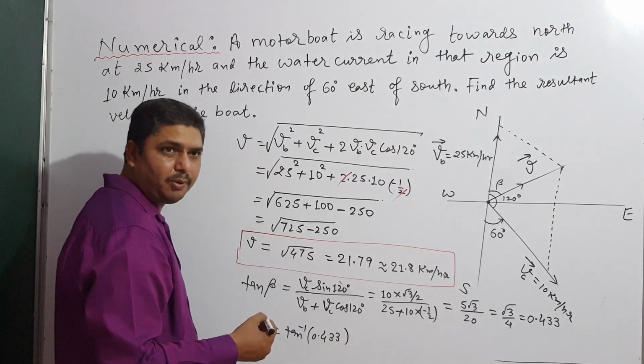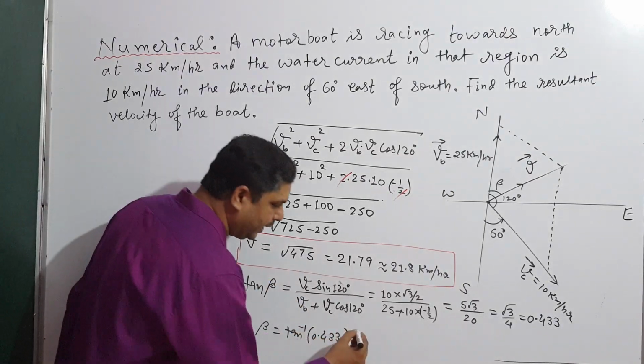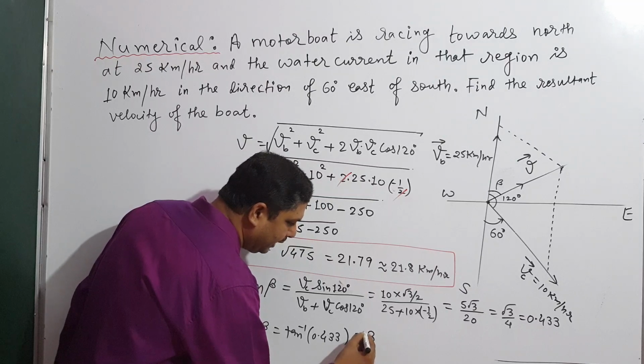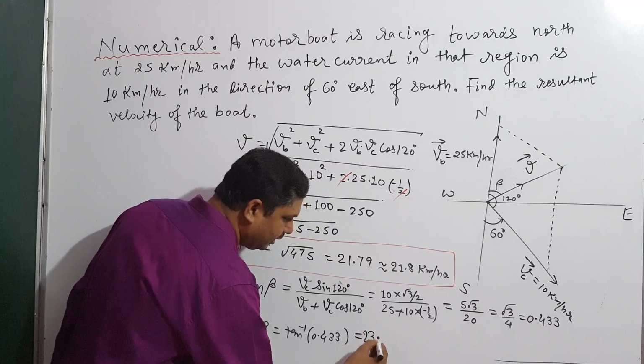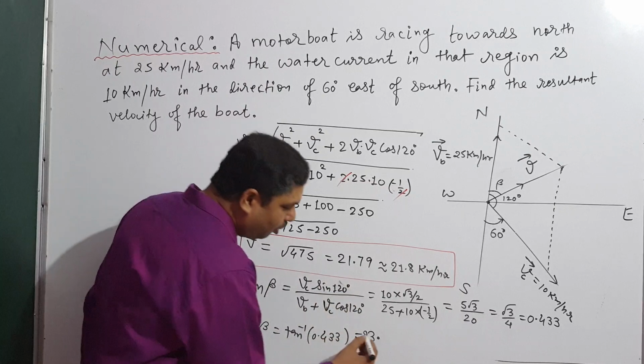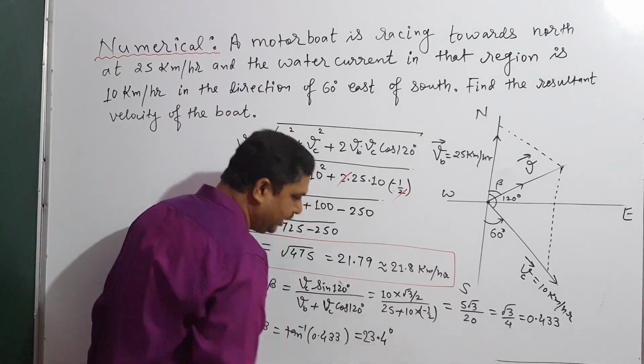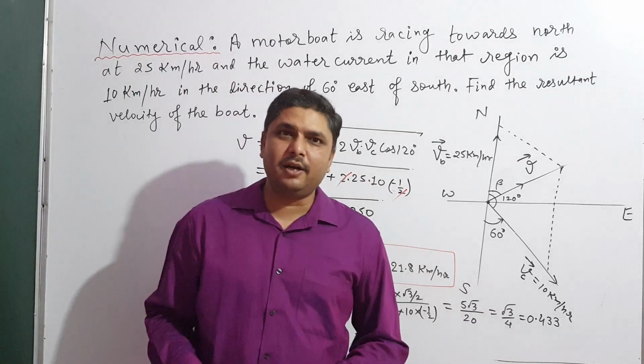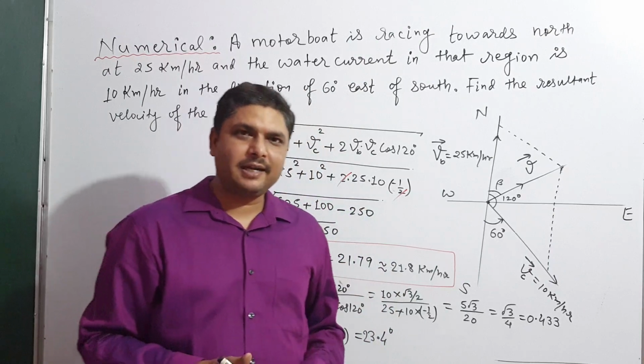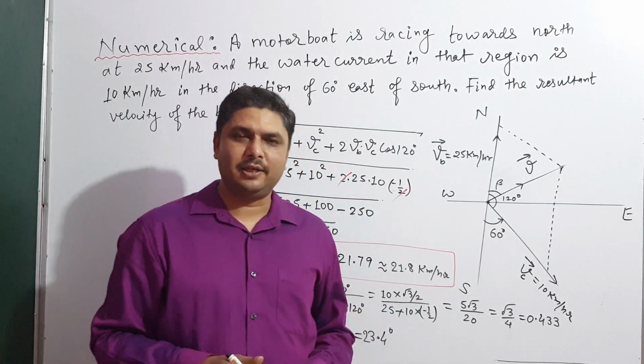Using the trigonometrical table, you find the value and it comes out to be 23.4 degree. That is how you have learned the parallelogram law of vector addition and a numerical based on it. Thank you.